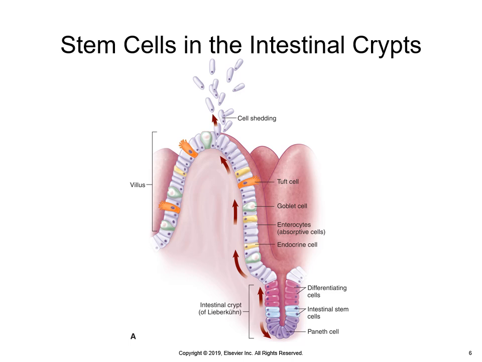So again, these intestinal crypt cells and their stem cells play a vital role when it comes to maintaining a healthy and functional digestive tract. They also help us continuously replace cells and ensure that digestion is efficient, absorption is efficient, and we also have the appropriate immune protection that we need.